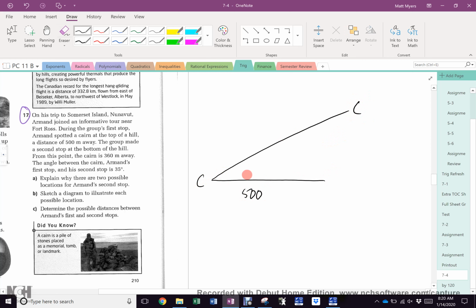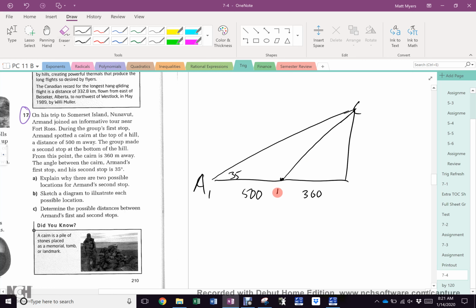Or there is Armand's first stop, Armand's second stop. And that's 360. The angle between the cairn, Armand's first stop, and Armand's second stop is 35. There's your 35. Now I got it. I just don't like the way that's worded.